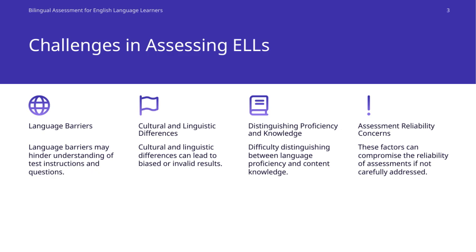Additionally, it's often difficult to separate a student's language proficiency from their content knowledge. We need to be careful not to mistake limited language skills for a lack of understanding of the subject matter. All of these factors can lead to concerns about the reliability of assessments if they are not thoughtfully considered and addressed during the test design and administration.